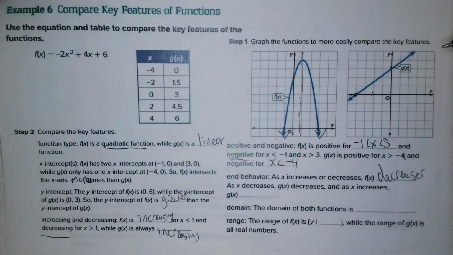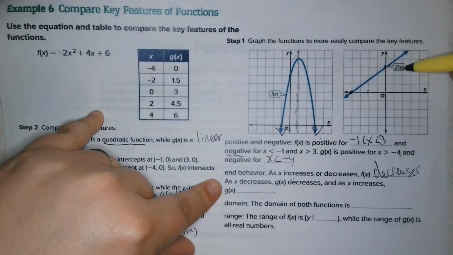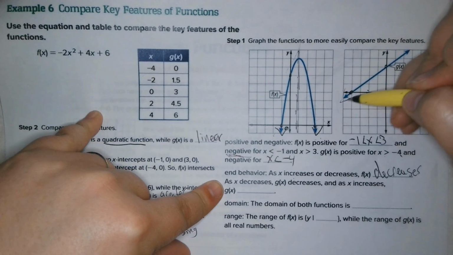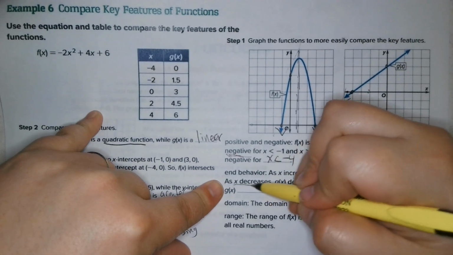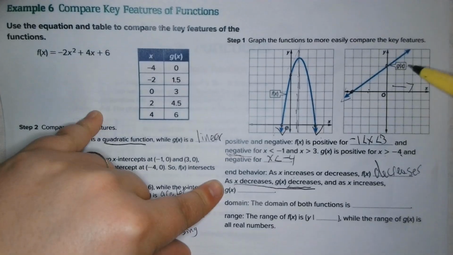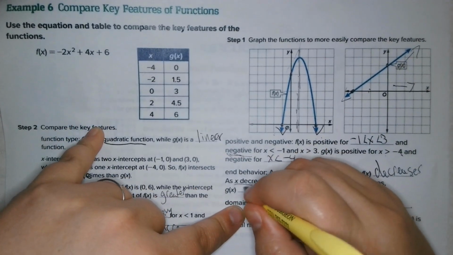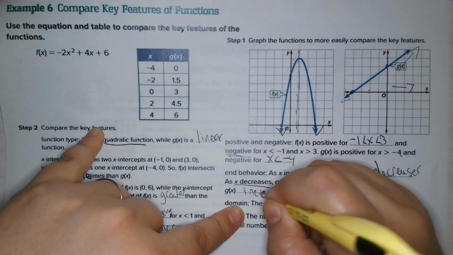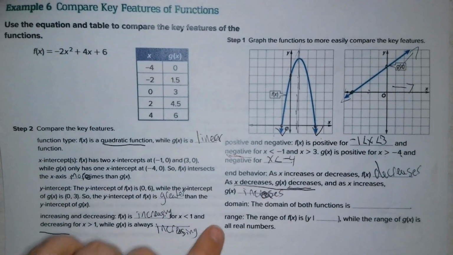Both times it is decreasing. Now looking at g of x. As x decreases, g of x decreases. As x increases, g of x increases. Once you get good at this, you'll see the patterns, okay?